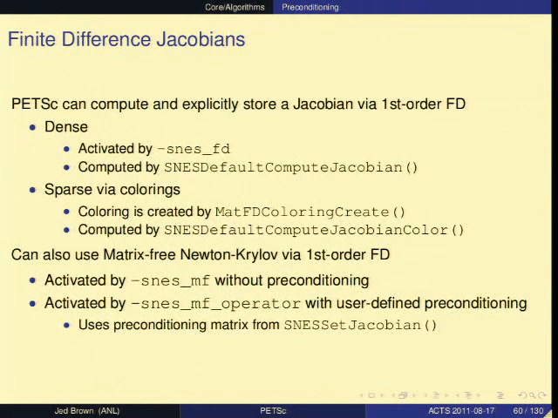And then a really common thing is that you assemble an approximation, and then you use that as a preconditioner, and you apply the true operator matrix-free. This is something that's used in practice a lot. And that's where those two slots, one for the operator and one for the preconditioning matrix, come in handy, being different.